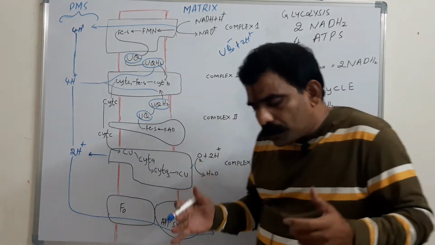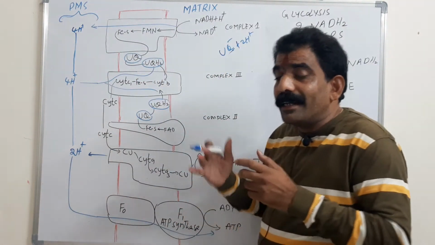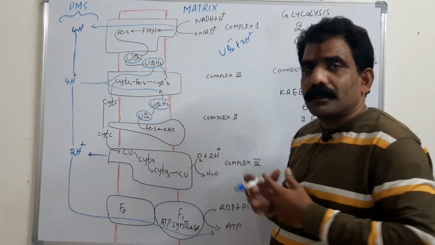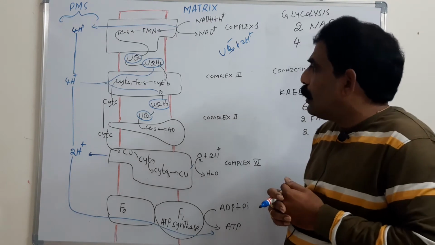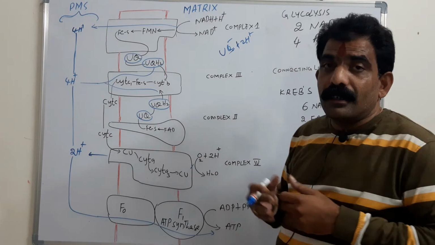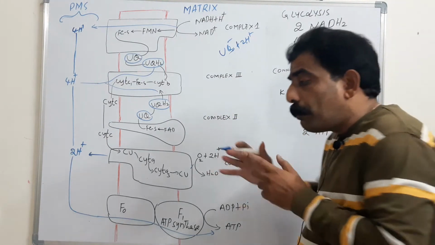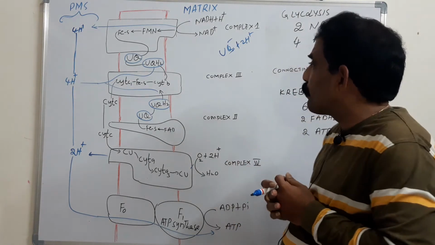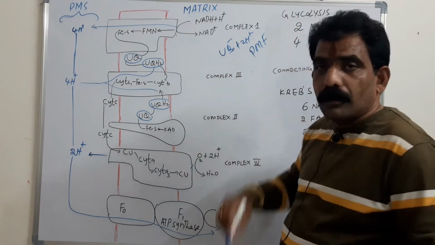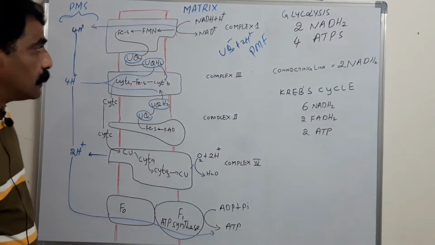So a proton gradient is established between two surfaces, and a membrane potential is developed. This proton gradient and membrane potential together create a proton motive force, PMF. Proton motive force is created.